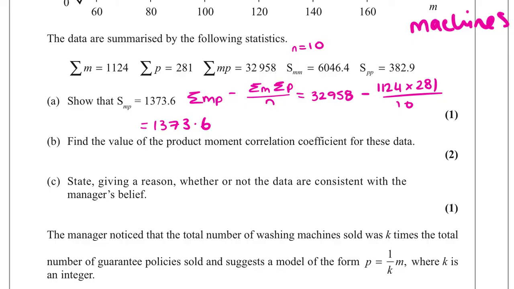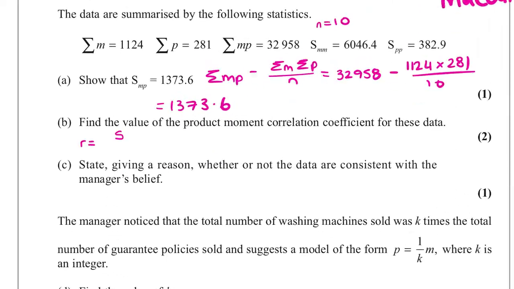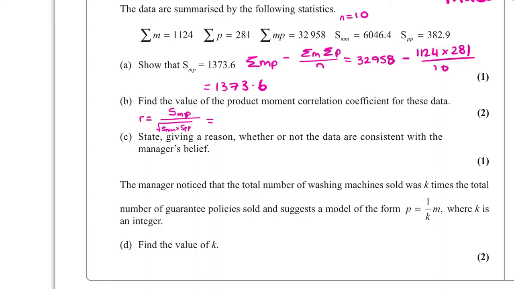Okay, then it says find the value of the product moment correlation coefficient. What is that? Yeah, but what is it called on the equation sheet? R. And it's S of, now it has X and Y's. What do I know which one's my X? It's the same as the axes, yeah? Because this is M, basically your M is your X, okay? So this is S, M, P over, that's P, isn't it? Over S, M, M times S, P, P. Okay, so again, I have all the values.